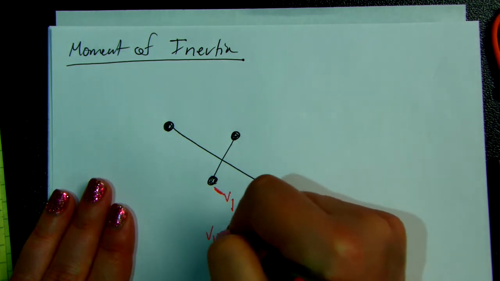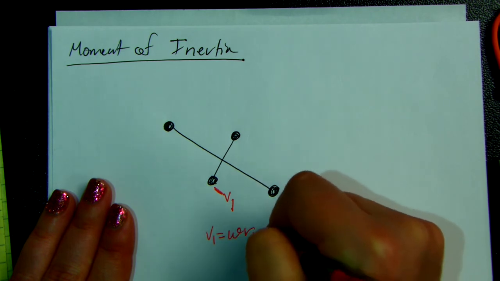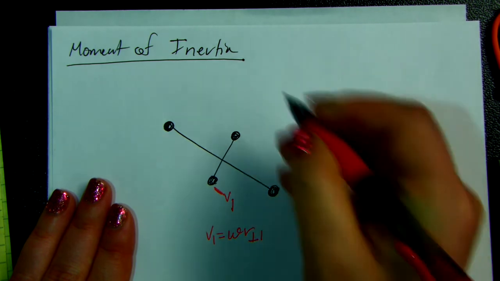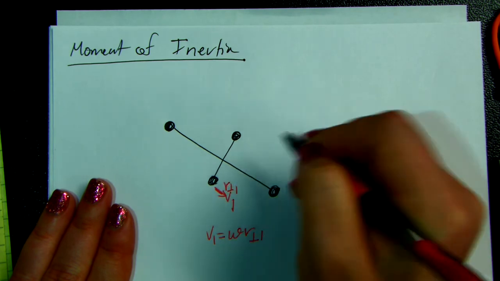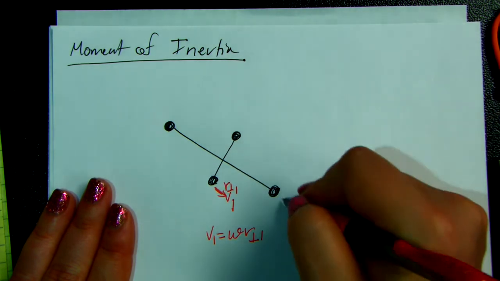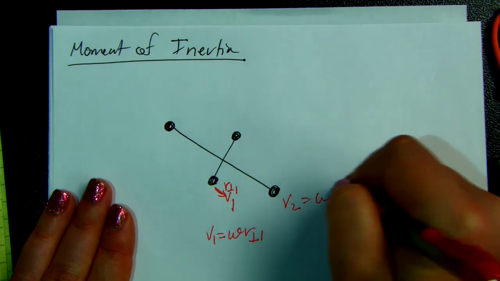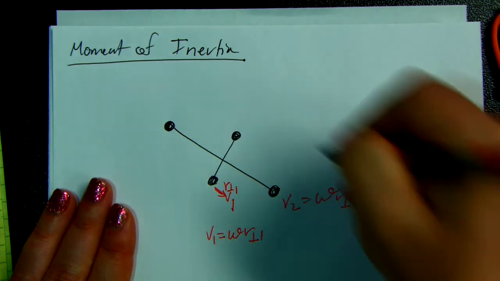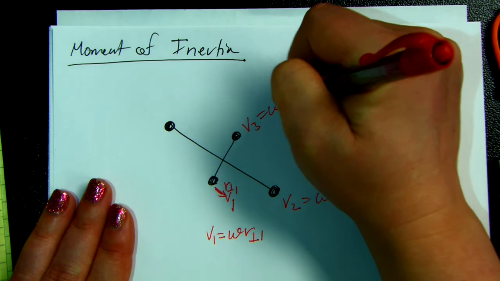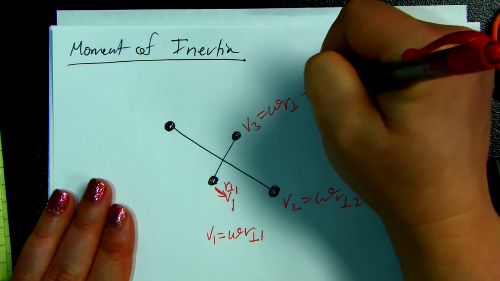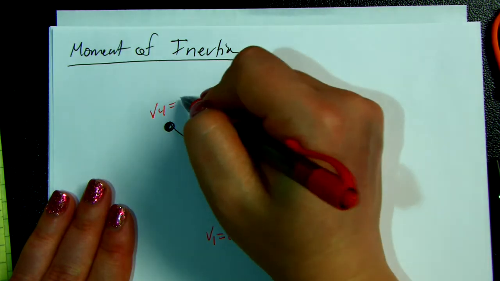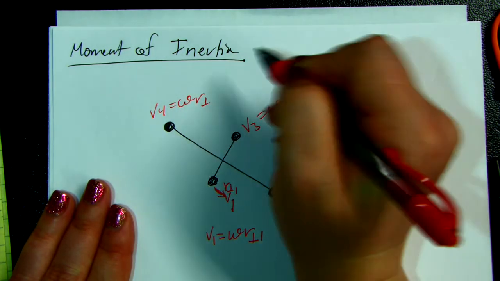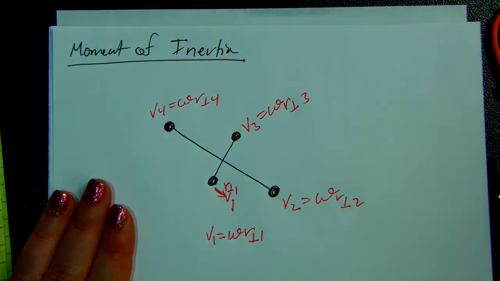V1 is equal to omega r perpendicular 1. V2 is equal to omega r perpendicular 2. V3 is equal to omega r perpendicular 3. And V4 is equal to omega r perpendicular 4.